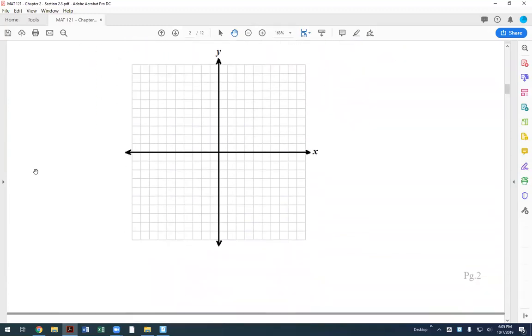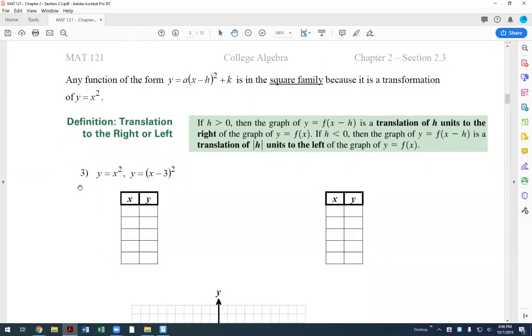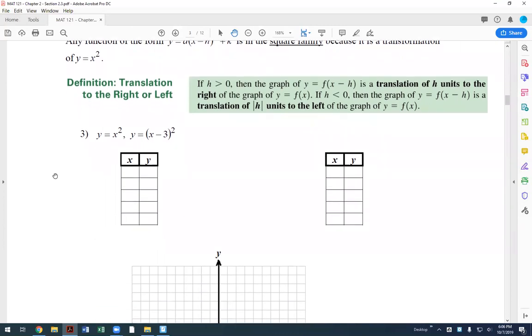Okay, so this was vertical. Now let's get into horizontal. So this is our graph moving left and right. Now remember, since our function is defined as x minus h, you go with opposite signs. So over here, we're seeing x minus 3. That means 3 itself is a positive number.